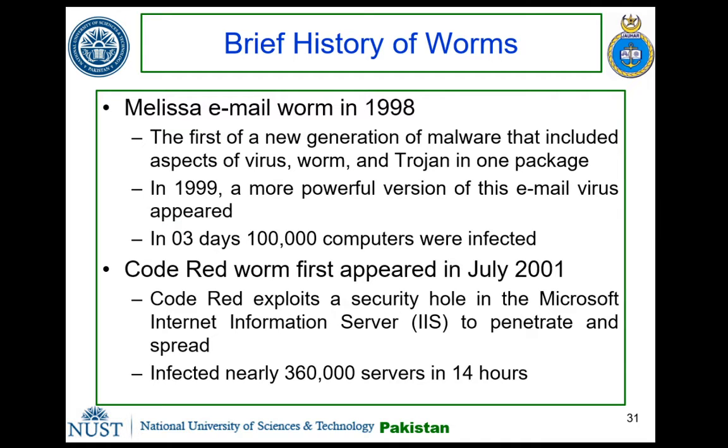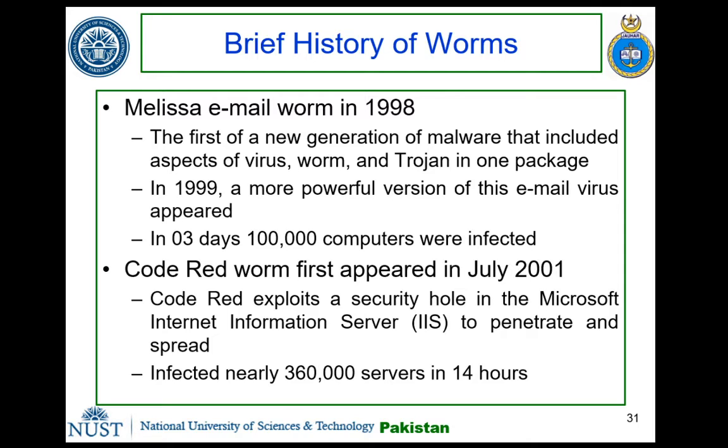Now we will go through the brief history of the worms. The Melissa email worm was created in 1998, the first of the new generation of malware that included aspects of virus, worm and Trojan in one package. In 1999, a more powerful version of this email virus was created. In 3 days, 100,000 computers were infected.